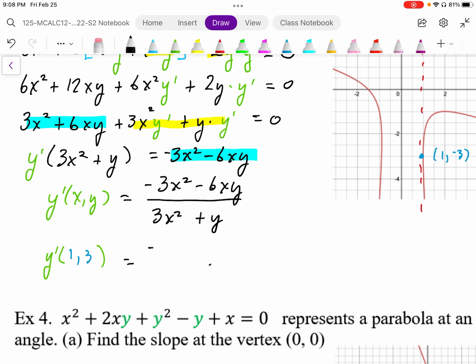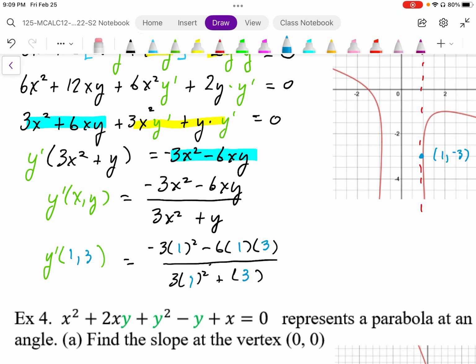So I get negative 3 times 1 squared minus 6 times 1 times -3. I'm going to plug in my values here. So that's x equals 1, y equals -3. And then in the denominator, I'm going to calculate 3 times x squared plus y. Okay, plugging in those values, I'm going to get 1 squared and -3.